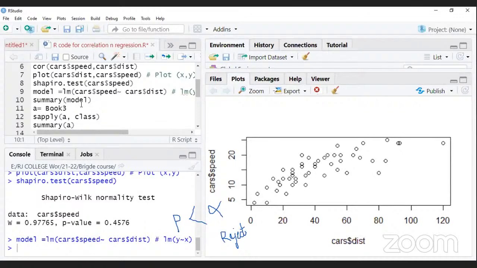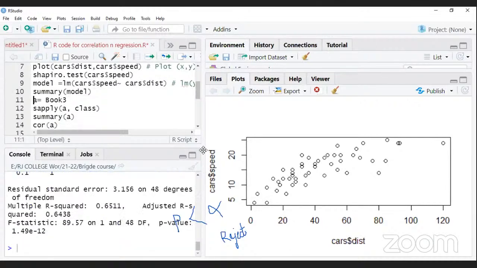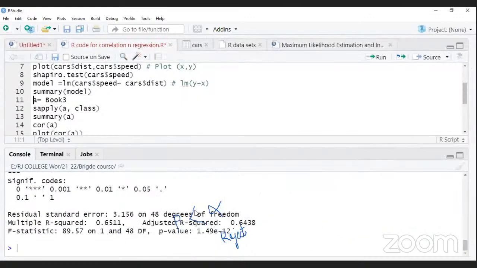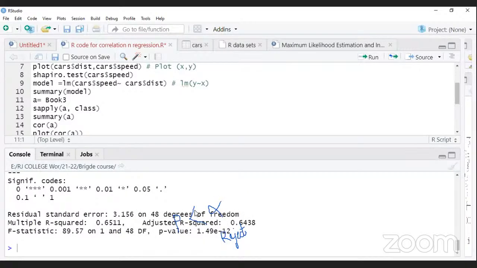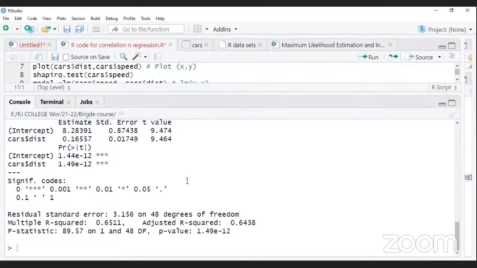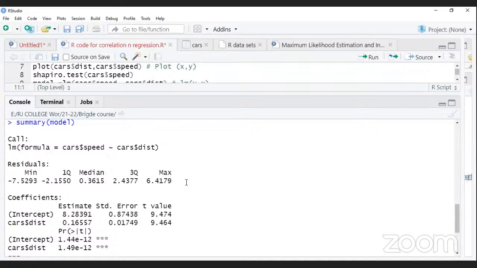Then I want to know about my model, meaning what my beta naught and beta 1 are, so just click on summary. You will find these details, and we have to interpret them. Just running this program and getting output has no meaning unless you can interpret it.